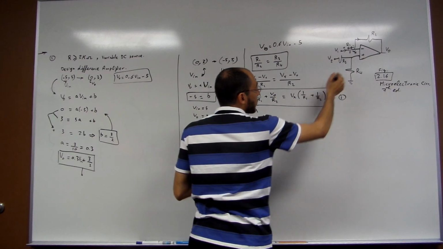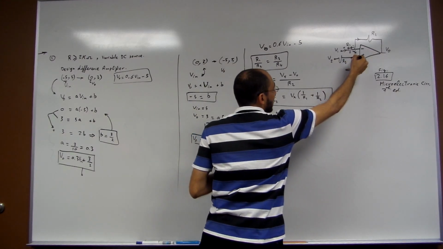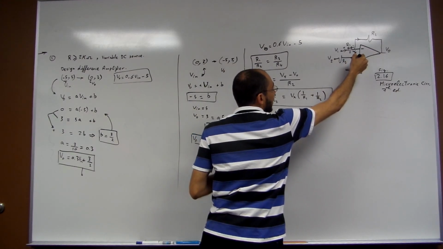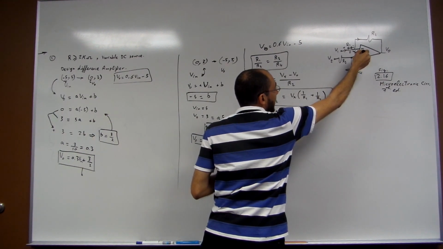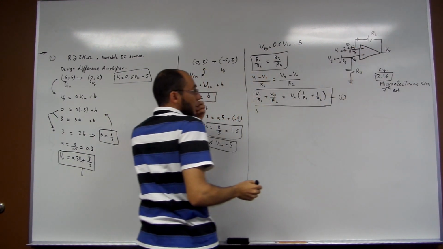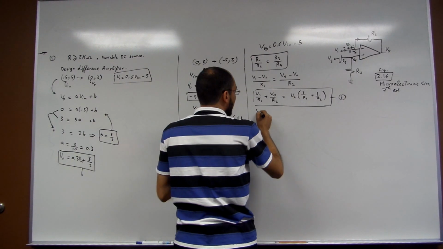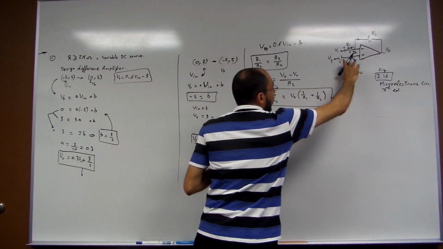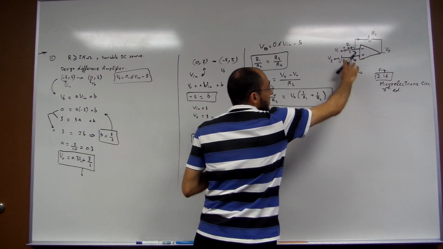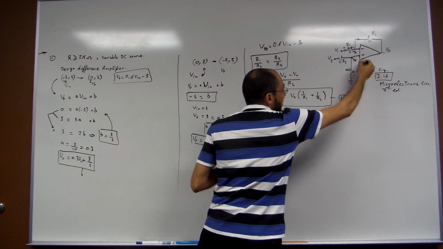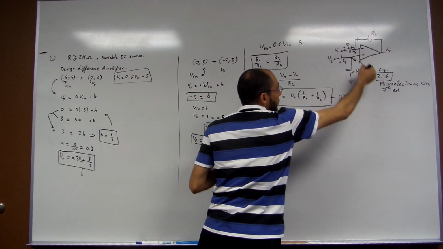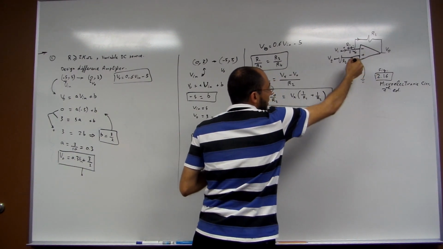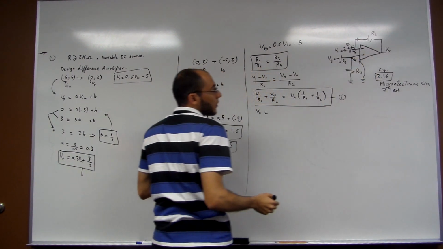So what about the second equation? This is Vx as well. Why? Because in an ideal op-amp, V plus equals V minus. So Vx equals the voltage divider rule. Vx is the voltage from this node to the ground, which is the same as the voltage over R4.